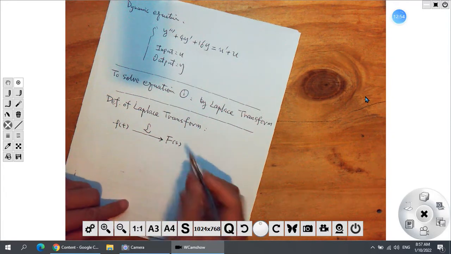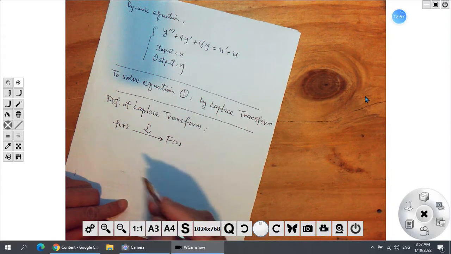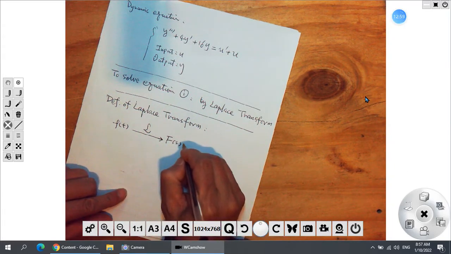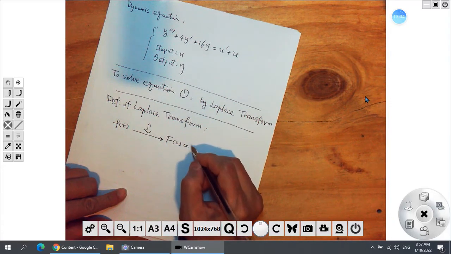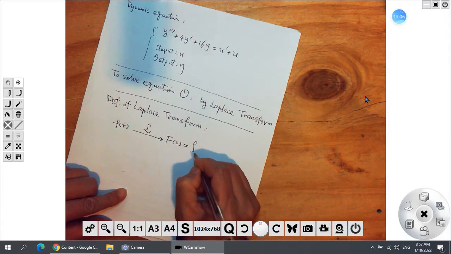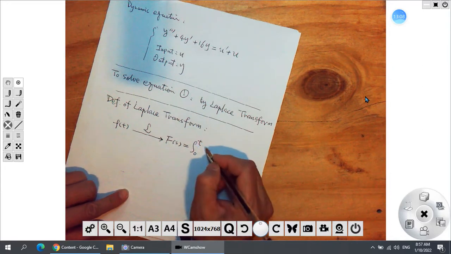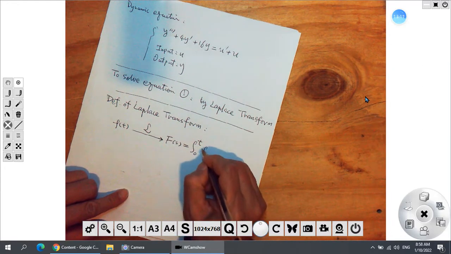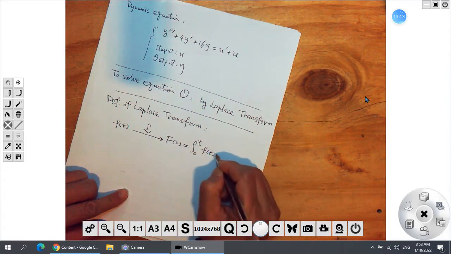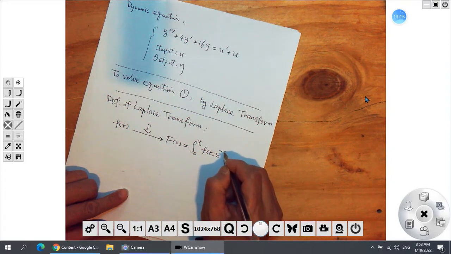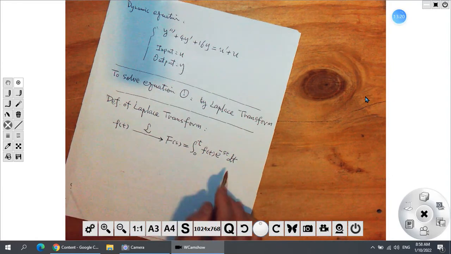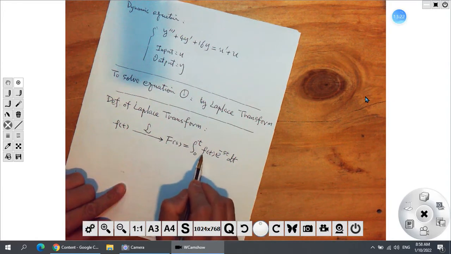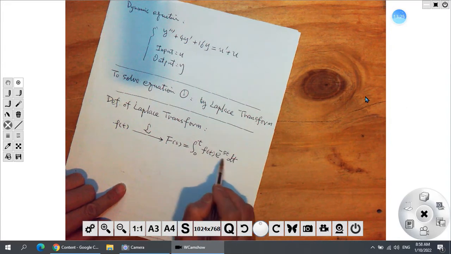That will be a function capital F with variable s. S is a different variable. Let's see what F of s is. It is an integral from 0 to infinity of the given signal f of t times e to the negative st dt. You can see here f of t has variable t, and e to the negative st has variables s and t.